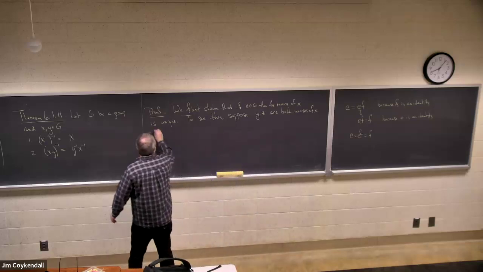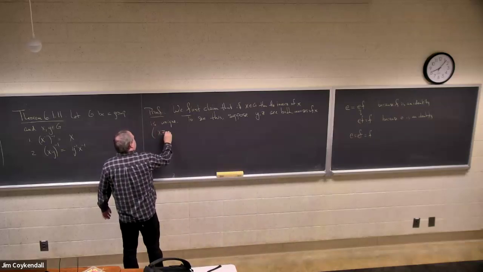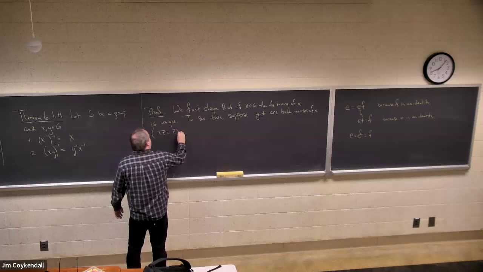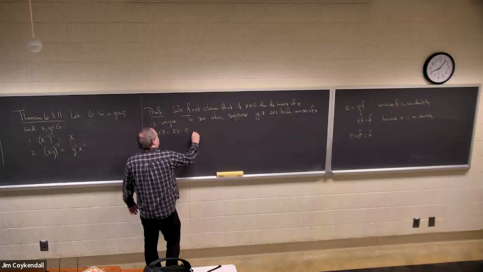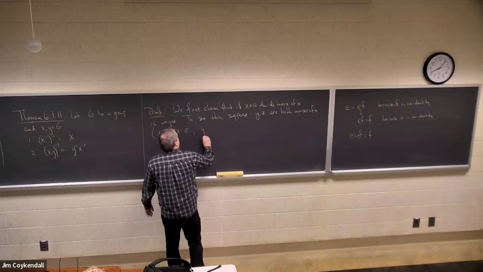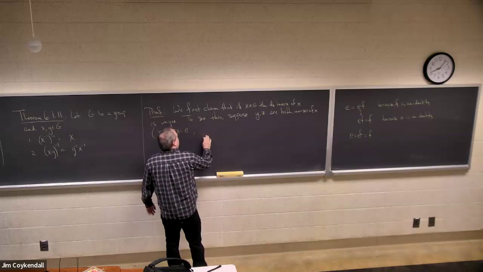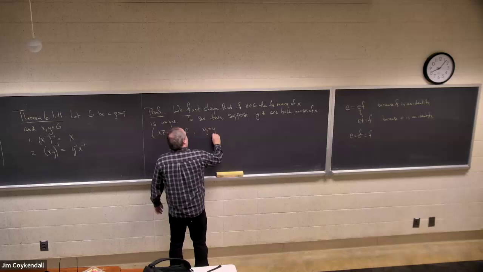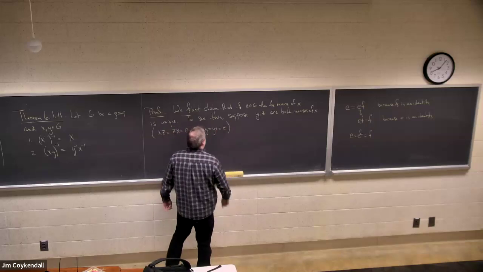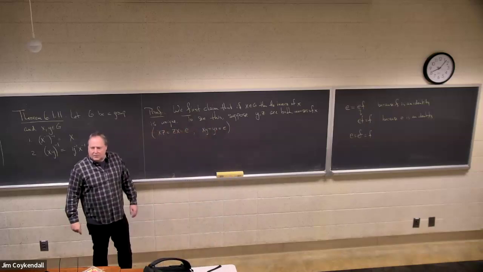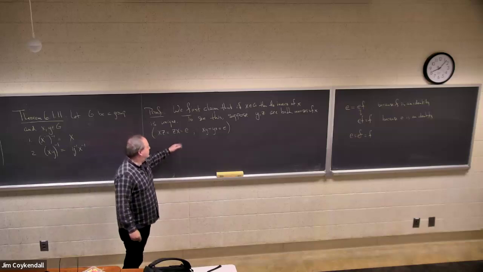So let me remind you what this means. This means that XZ equals ZX equals the identity, and XY equals YX equals the identity. So both Y and Z function as inverses.